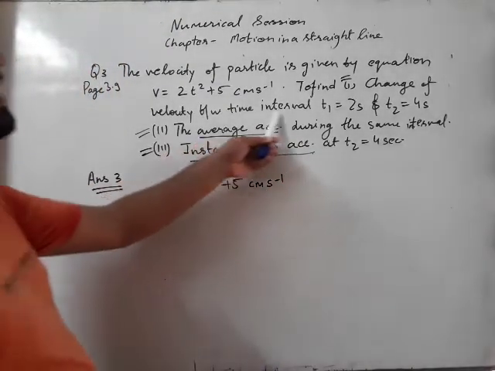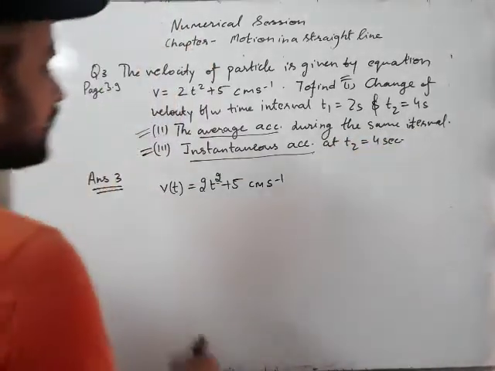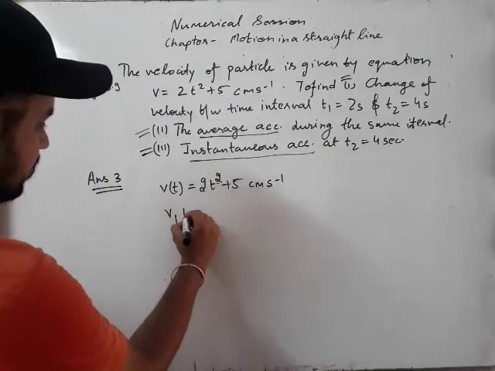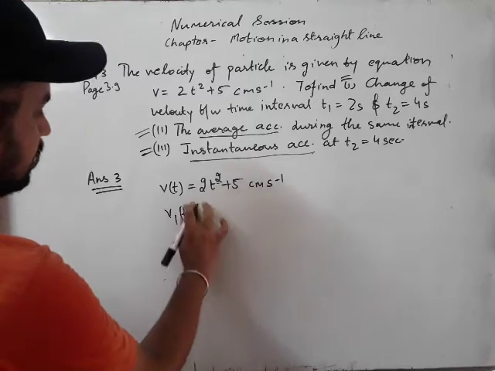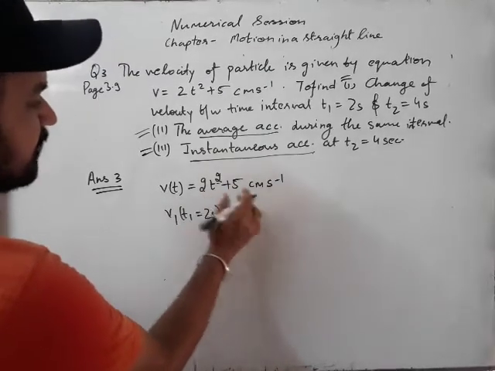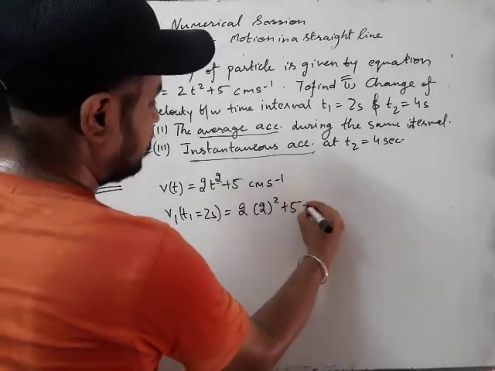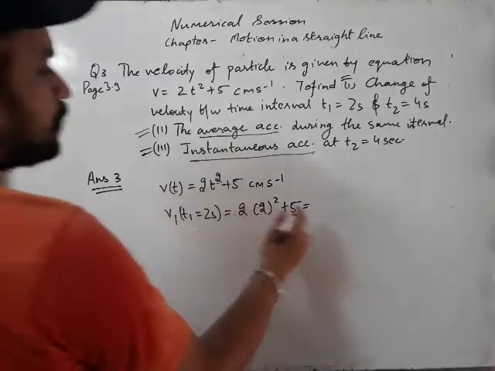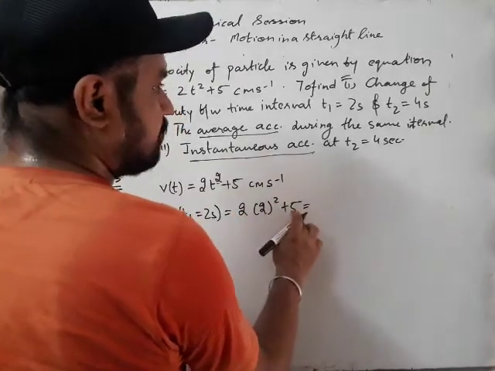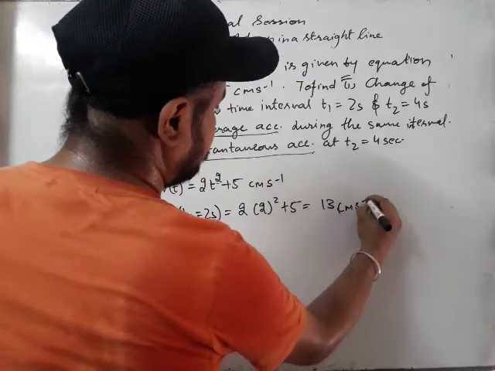We have to find the change in velocity for the interval t1 equal to 2 seconds and t2 equal to 4 seconds. So v1 for t1 equal to 2 seconds, by putting the value of time equal to 2, is 2 into 2 square plus 5, that is 4 into 2, that is 8, plus 5 will be 13 centimeter per second.